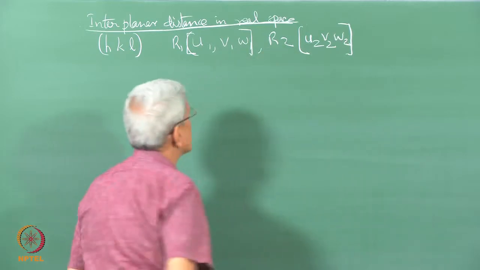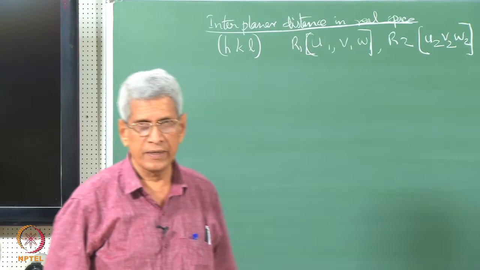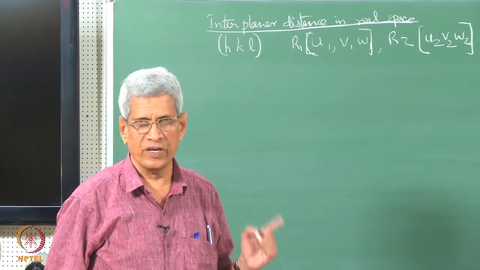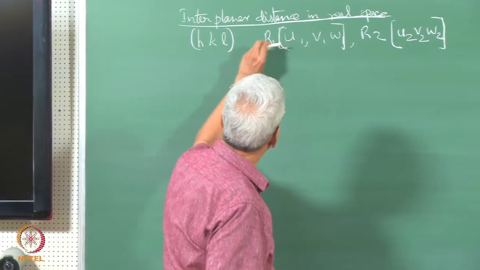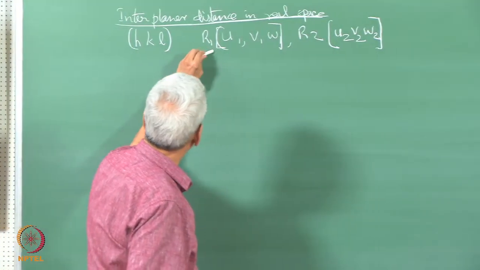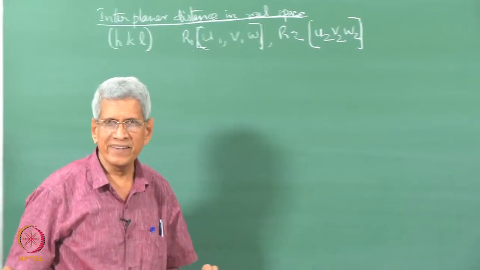If these two vectors are lying in a plane, what we should find out first is essentially the vector which is normal to this plane.